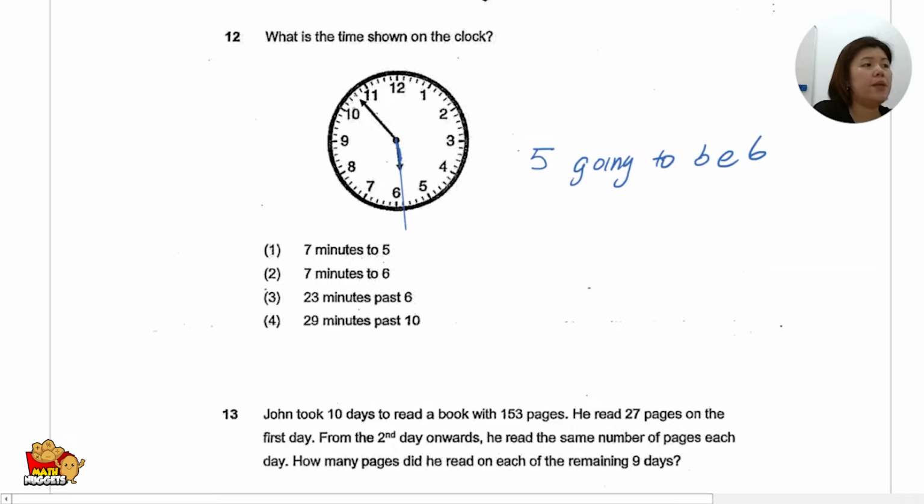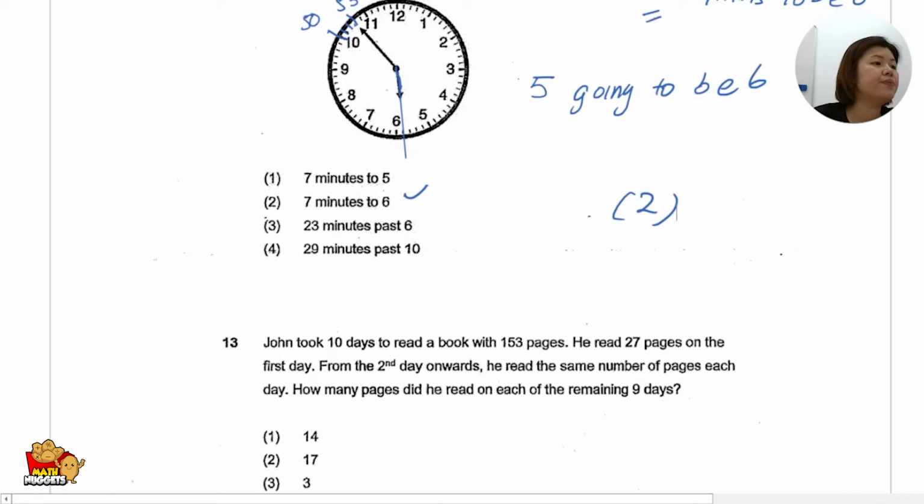So it's like how many minutes to 6? So we take this as a nearest. This is 50. So 51, 52, 53. So it's 53 minutes. And it's going to be 6. So now the time is 5:53. Means it's 7 minutes to be 6 soon. We have answer? Yes, number 2.